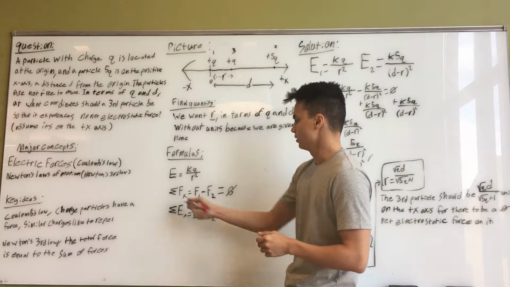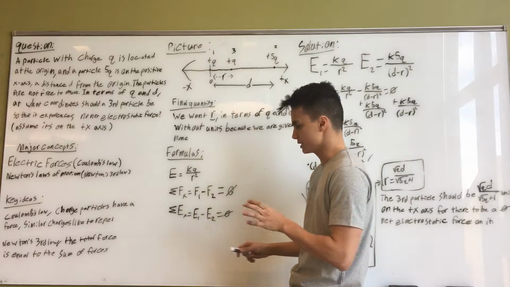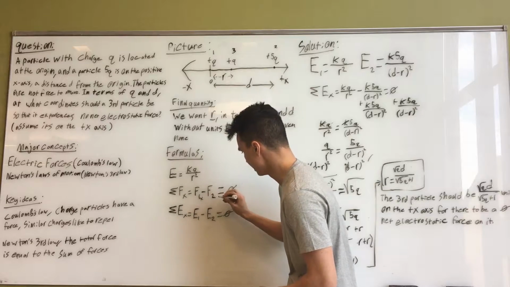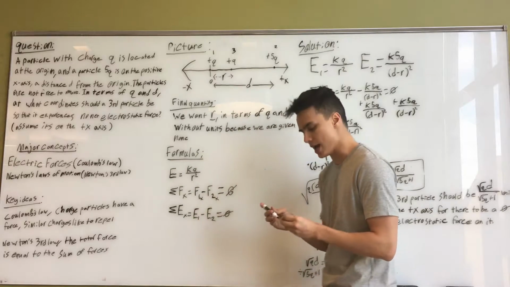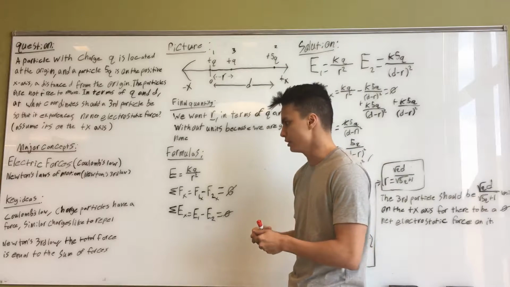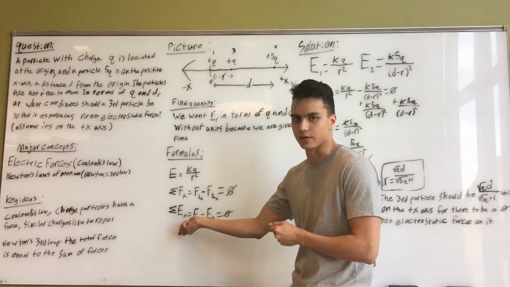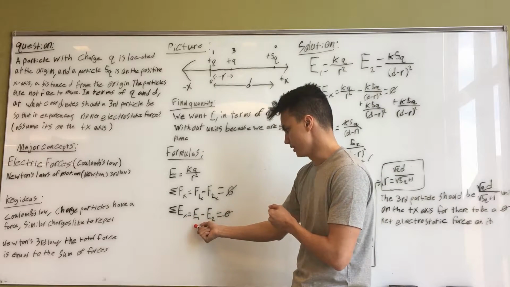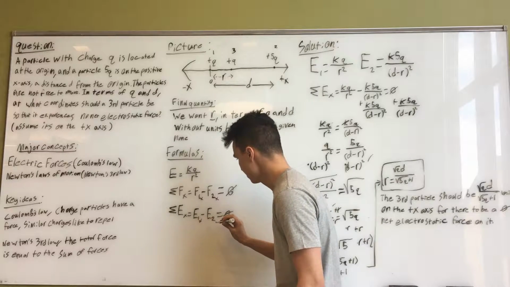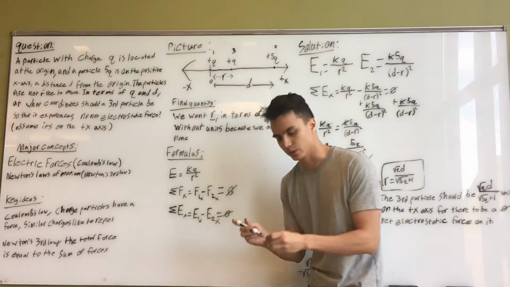And Newton's third law over here, the sum of forces in the x direction specifically is going to be F1x minus F2x. We can equate that to Coulomb's law, saying that the sum of electrostatic forces in the x direction is going to be the electrostatic force of particle 1 in the x direction minus the electrostatic force of particle 2 in the x direction, and that should equal 0.